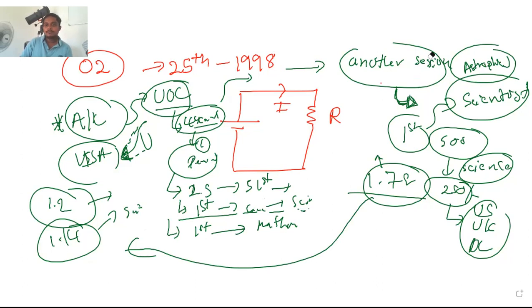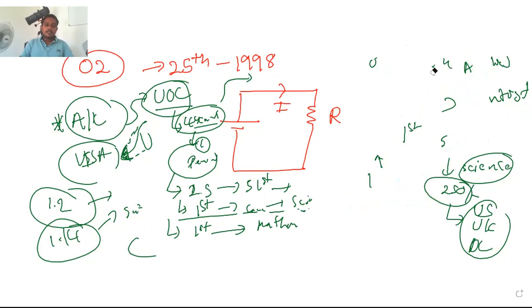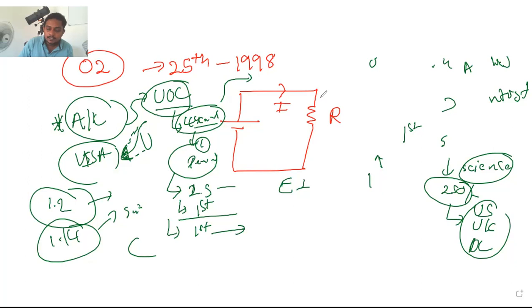Okay, so saying that, I'm coming back to the lesson. Here in this circuit, this is a very easy part. The energy of the cells is not what you are getting from EI. EI is not cell energy. Power, no, not power. So 2 and 3 will cancel out. The energy dissipated through R we can get from I squared R T. So this is not what they have given, EI.